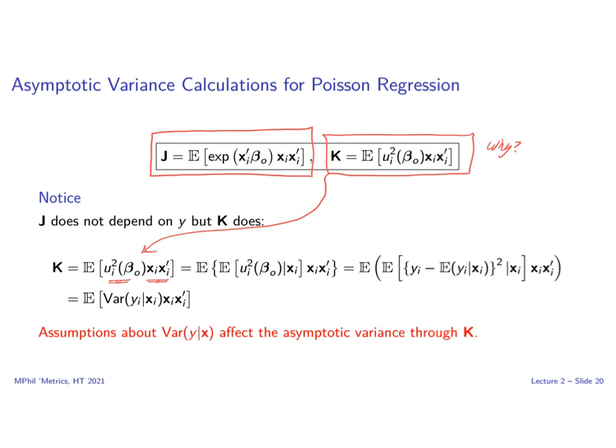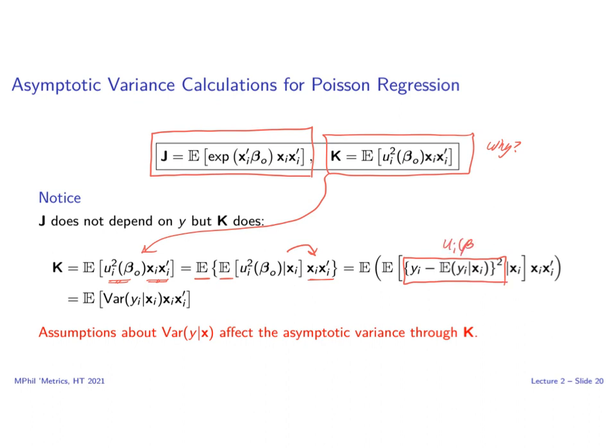Using iterated expectations, we can write this as the expected value of u squared given x multiplied by x prime, since we can pull the x prime outside of the inner expectation given that it's a constant conditional on x. Now substituting the definition of this u i, we obtain the following expression.